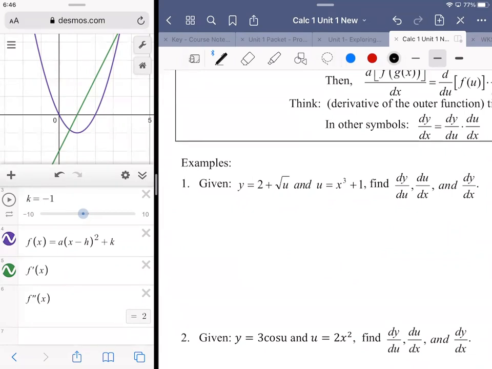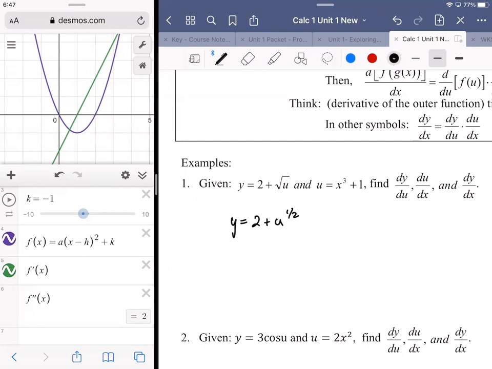So the first example, we have y equals 2 plus the square root of u, where u is equal to x cubed plus 1. So it's itemized here. It's saying find dy du, instead of dy dx. So I have a function y in terms of u that I can rewrite as y equals 2 plus u to the 1/2.